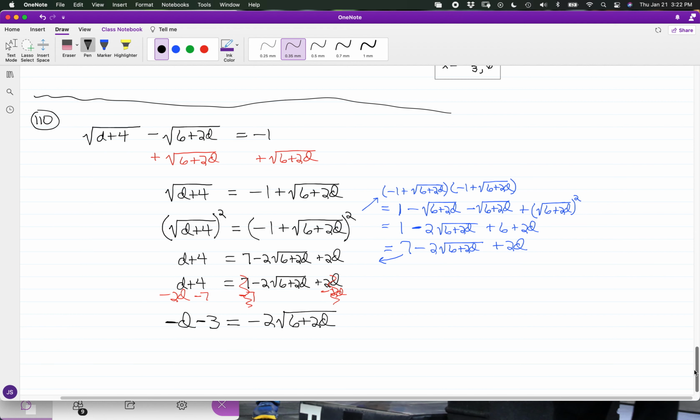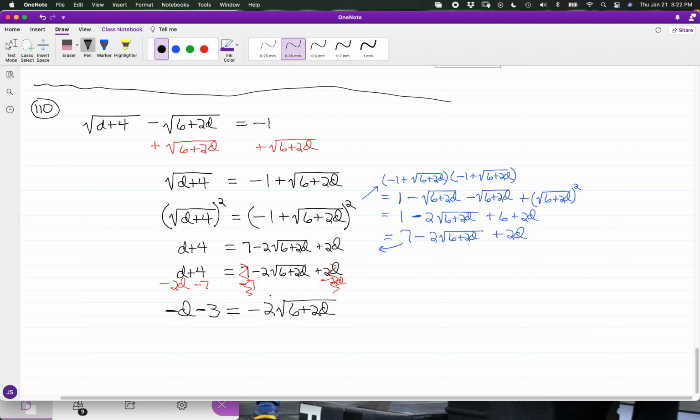So I'm just going to multiply this whole equation by negative 1, just changing signs. That is multiplying or dividing by negative 1. So D plus 3 is equal to 2 times the square root of 6 plus 2D.